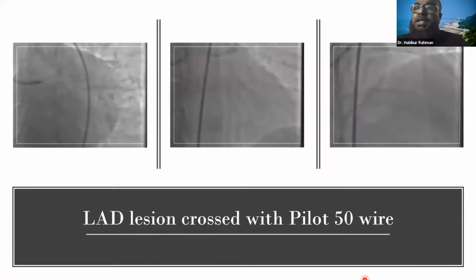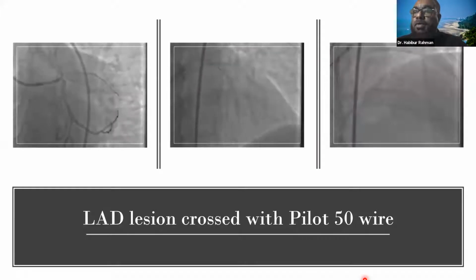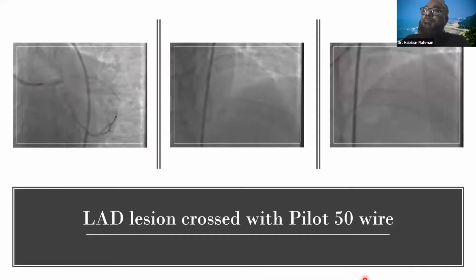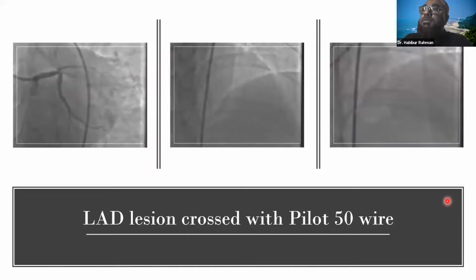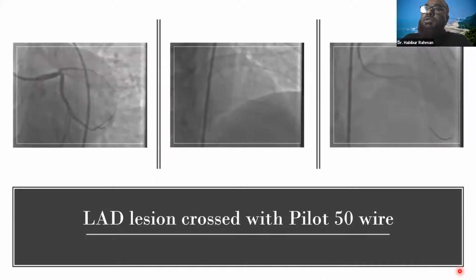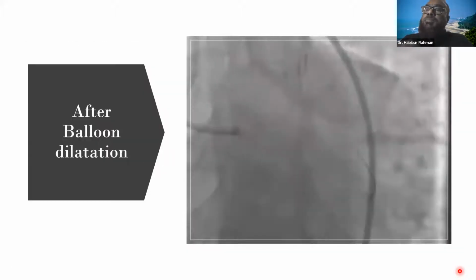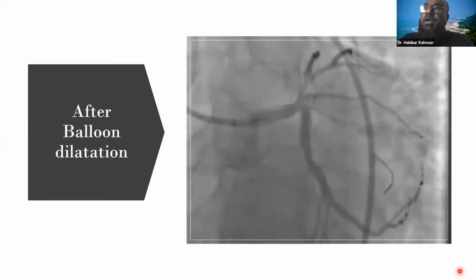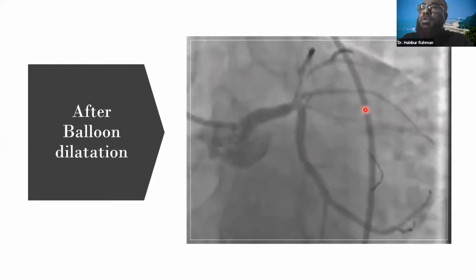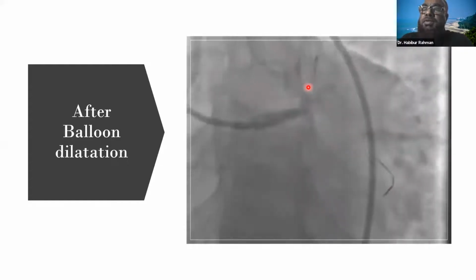So the LAD lesion was crossed with a hydrophilic wire, that is Pilot 50, with the help of a microcatheter. After opening and balloon dilatation, it is obvious there is LAD and a big diagonal, which also has ostial disease.